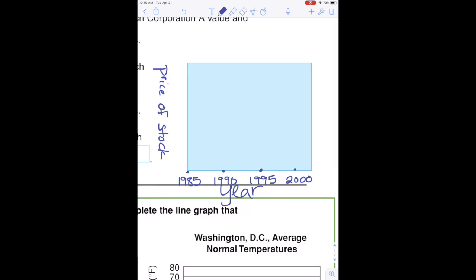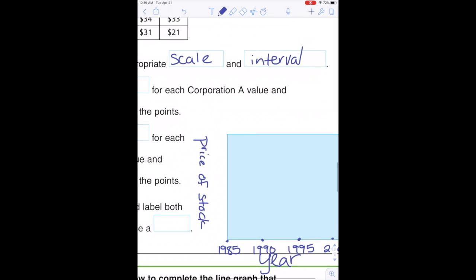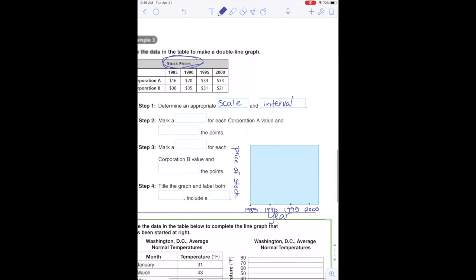On the other side with our price, let's go up and look at what kind of numbers we're dealing with. Here are all the numbers that we need to plot. So it looks like my smallest number is 16. My biggest number is 38.